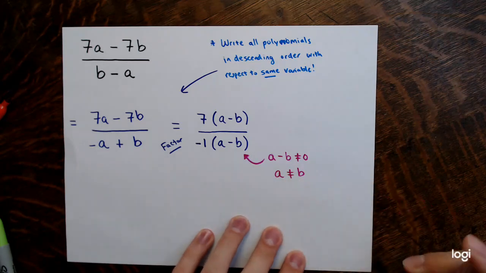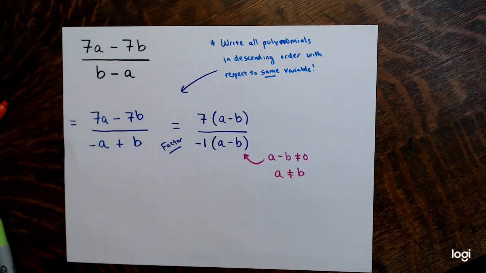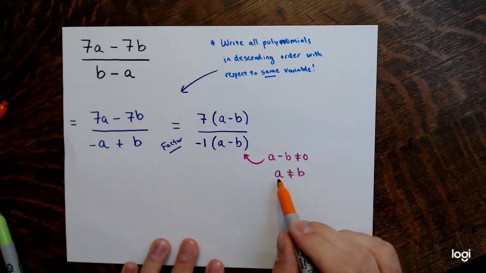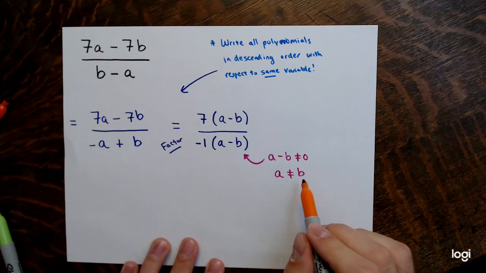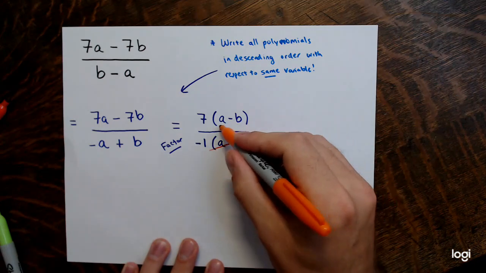As long as a is not equal to b, you're going to get the same expression back. You're okay with the canceling here. As long as I use like 4 for A and 5 for B, or 2 for A and 7 for B, whatever, as long as A and B aren't the same value, I won't be dividing by 0, and I can cancel these common factors.